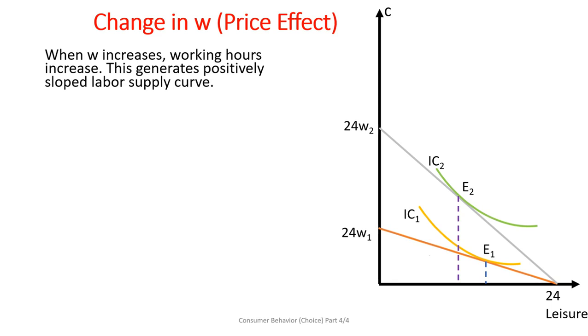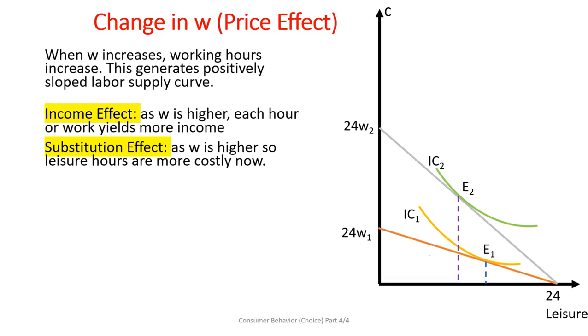This effect can be broken down into income and substitution effect. Income effect is that higher wage rate means each hour of work yields more income. That is, if we choose to work as many hours as we were working before the wage increase, still our income would have been higher.